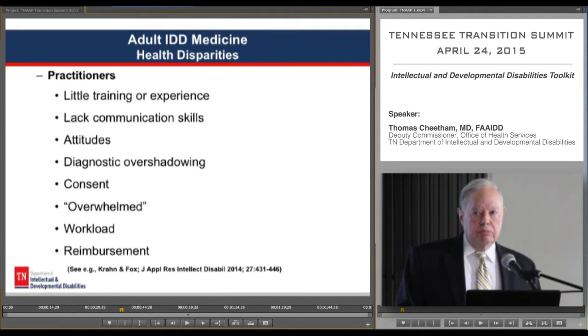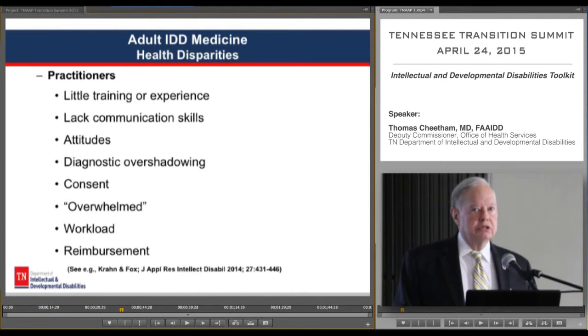So let's talk about practitioners. And we heard about that earlier this morning, but it's not uncommon for healthcare practitioners to have little training or experience, have difficulty communicating with people who don't use language.